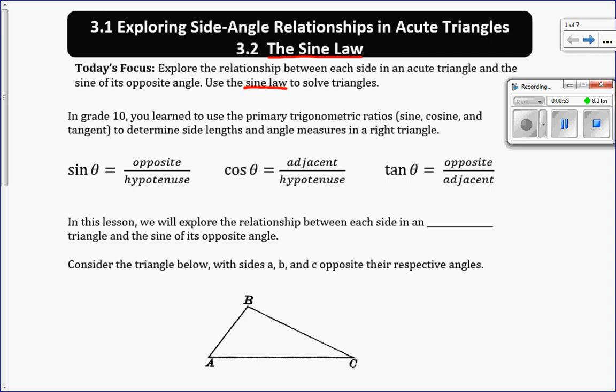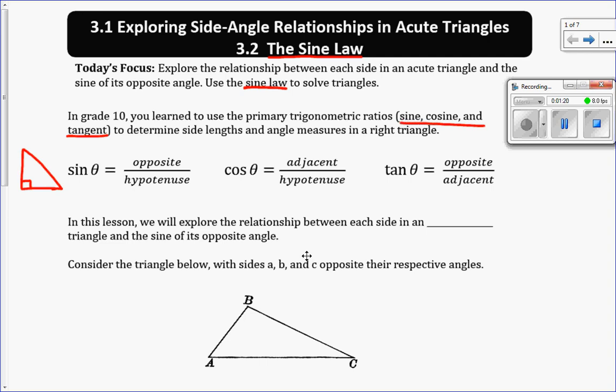Last year in grade 10 you learned the primary trig ratios: sine, cosine, and tangent. You learned how to determine side lengths and angle measures in right angle triangles. That's the key: sine, cosine, and tangent have to be used in right angle triangles, triangles that have one 90-degree corner, like this.